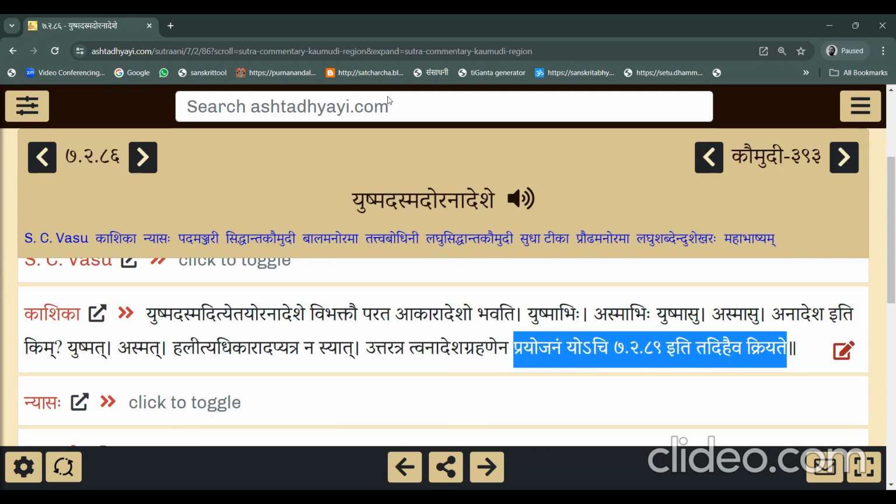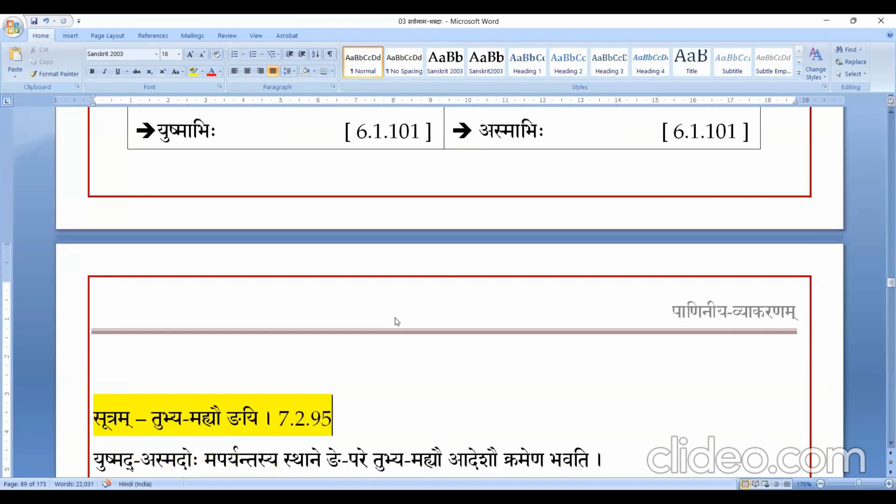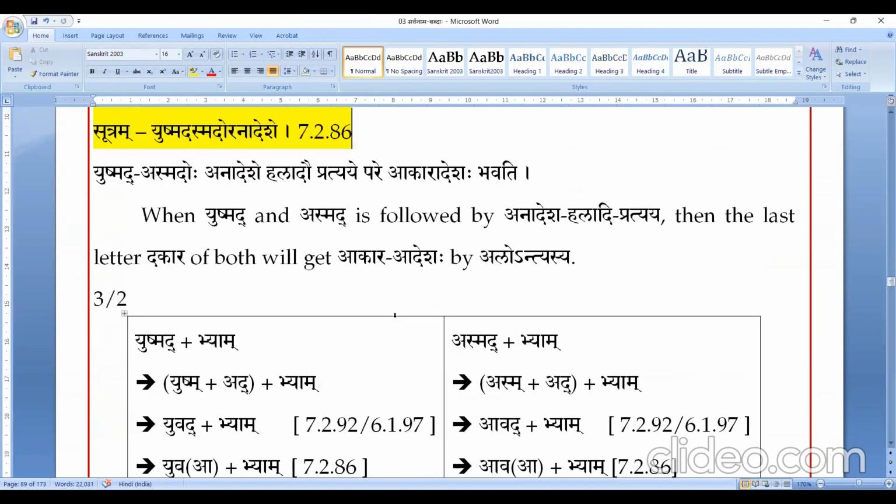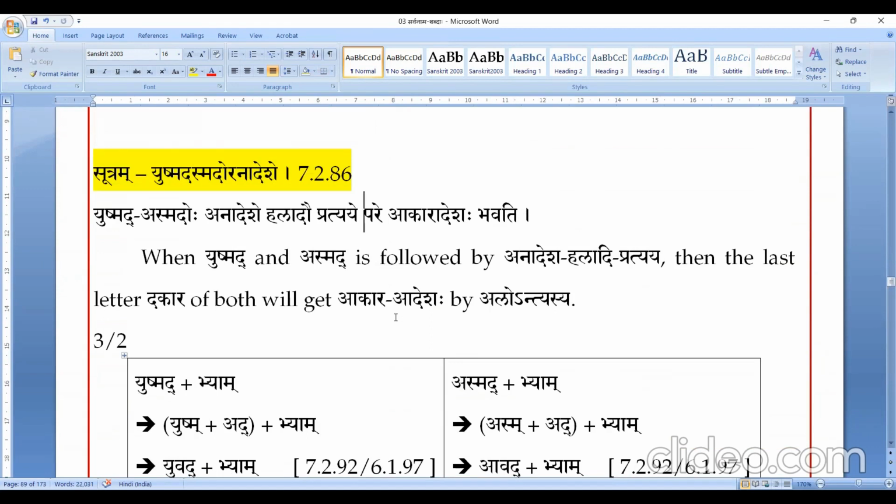The adhikara is also not there. I think I have explained it in my notes. The sutra says Yushmadasmadoho anadeshe, vibhakti pratyaya pare.